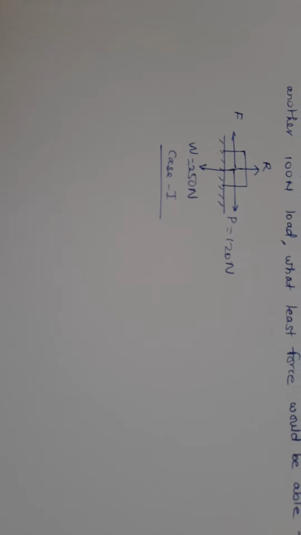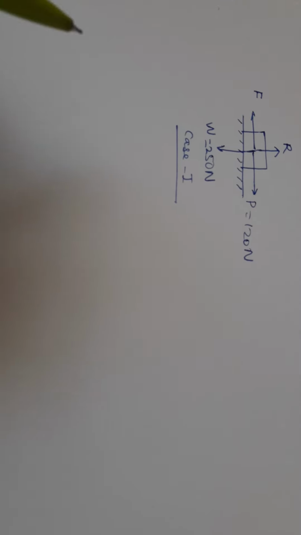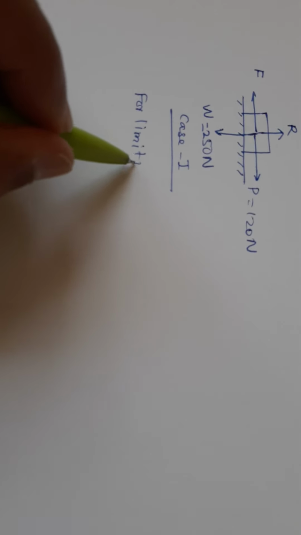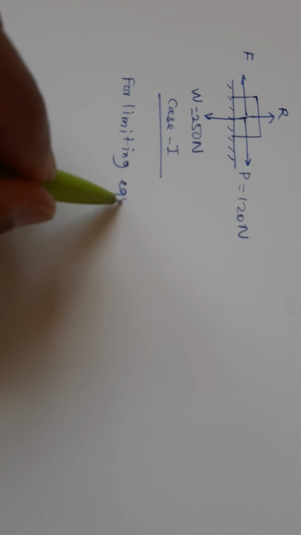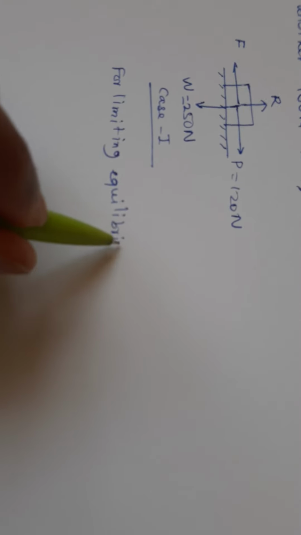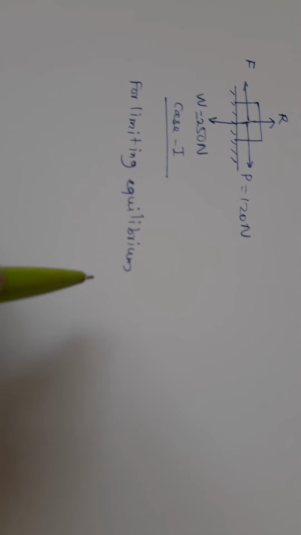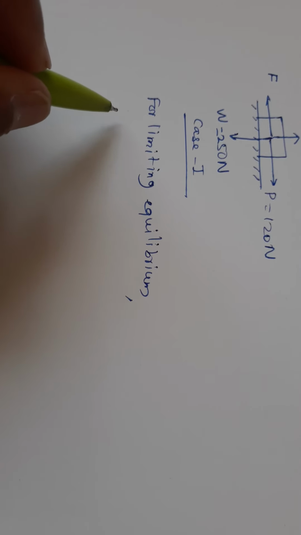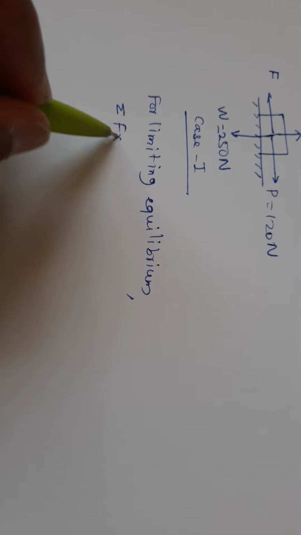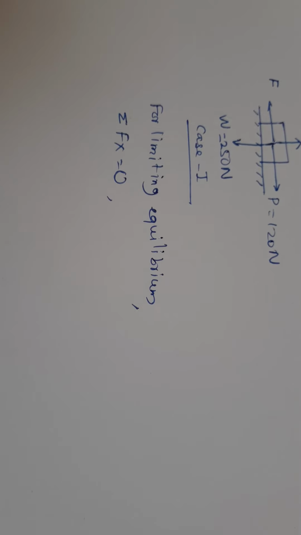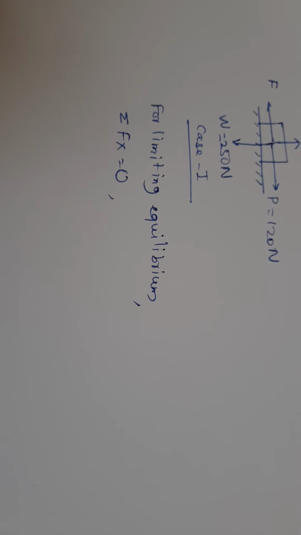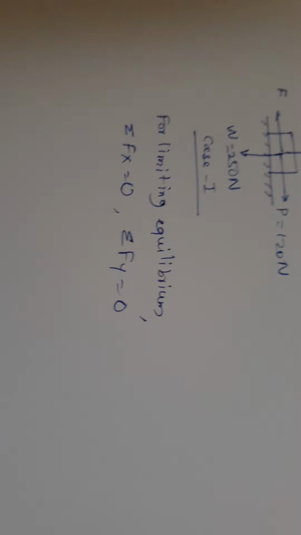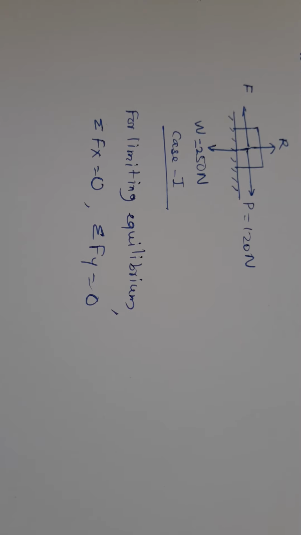To find the coefficient of friction, we know the condition for limiting equilibrium: summation of Fx is 0, forces acting in x direction, and summation of Fy is 0, all forces acting in y direction.